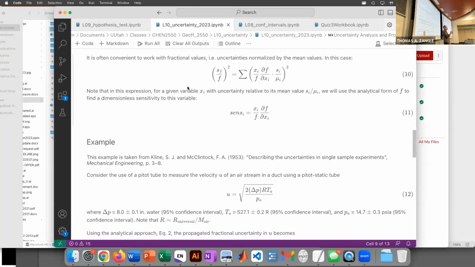We had an example where we had a total process time composed of a coating step and a rinse step. We knew the uncertainty in the duration of the coating step. We knew the uncertainty in the duration of the rinse step.